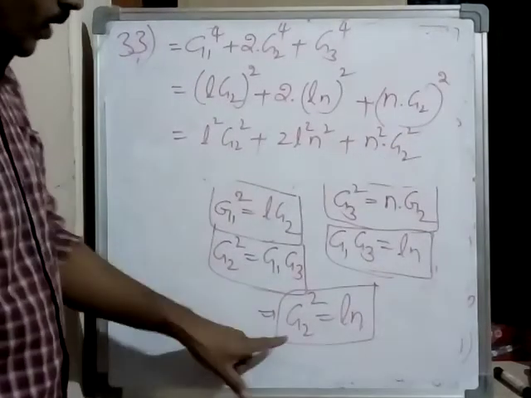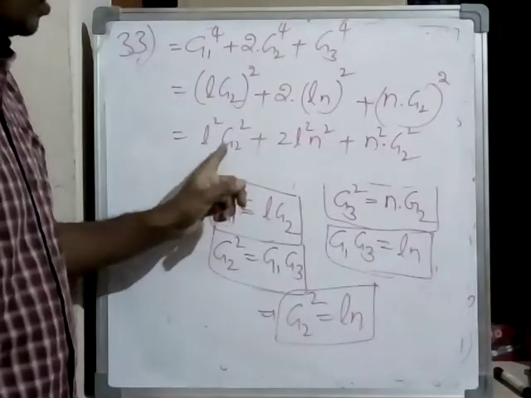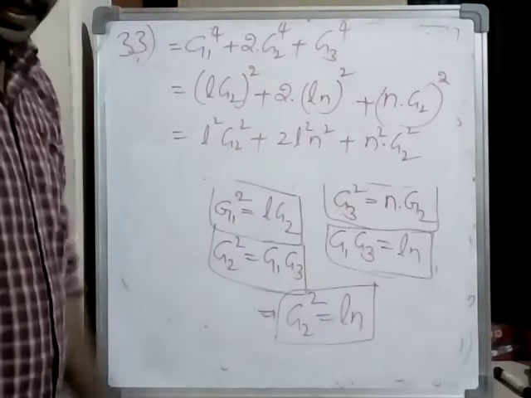What is G2 square? LN. So in place of G2 square take LN.